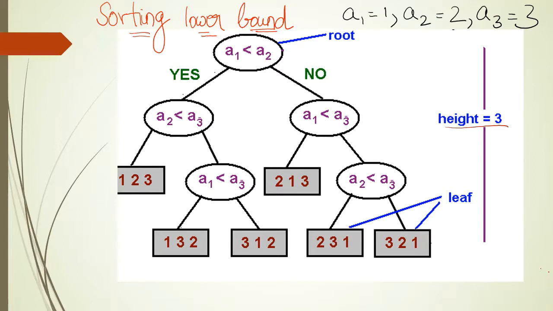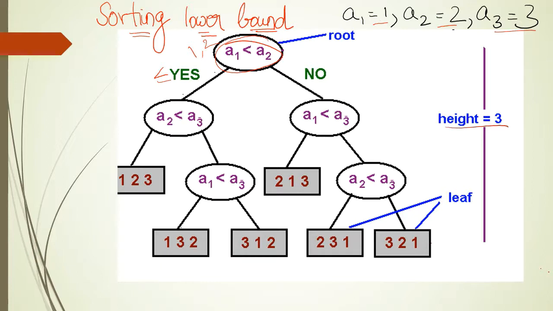So let's take a1 equal to 1, a2 equal to 2, and a3 equal to 3. In the decision tree method, we have the root where we first compare a1 with a2, which is 1 and 2. If 1 is less than 2, it is yes.